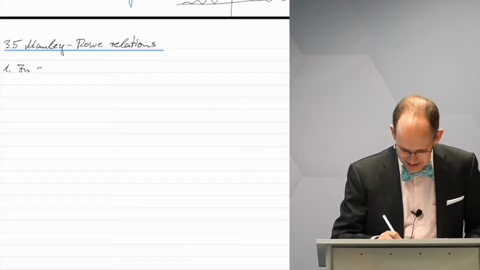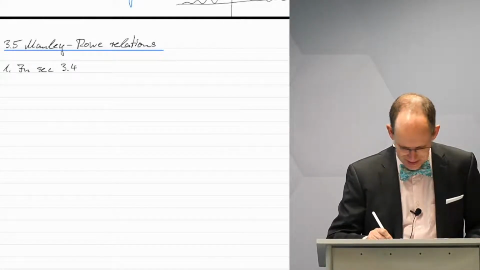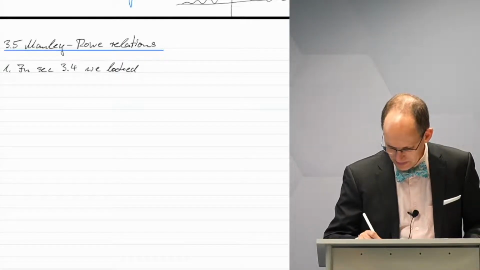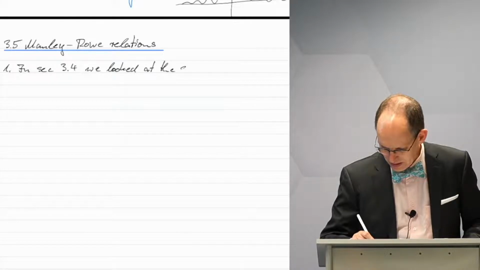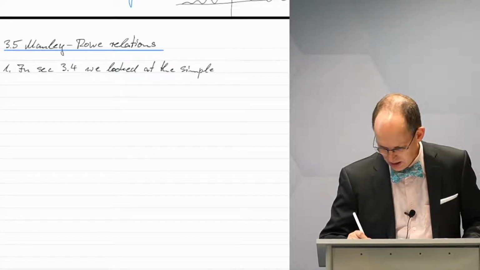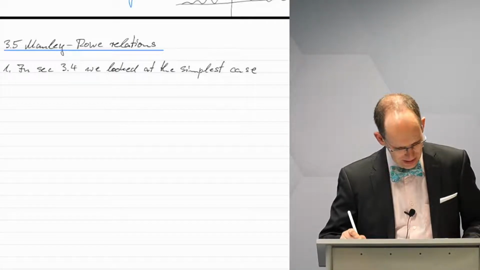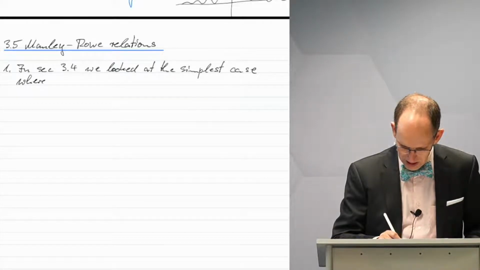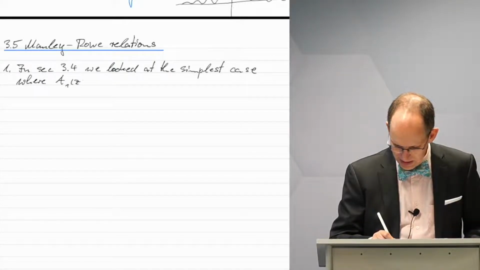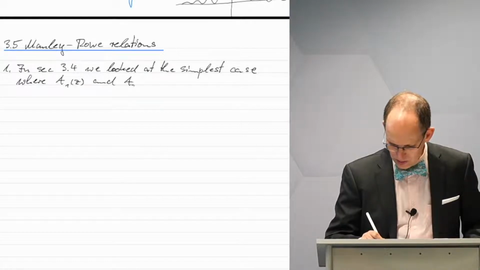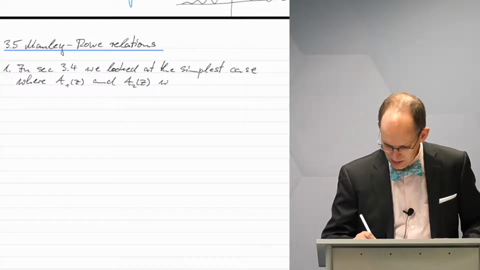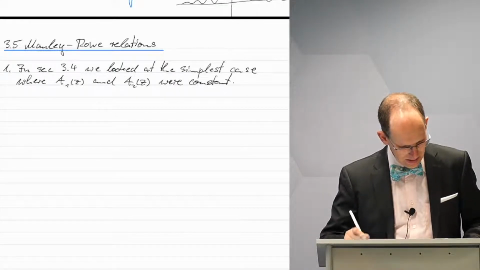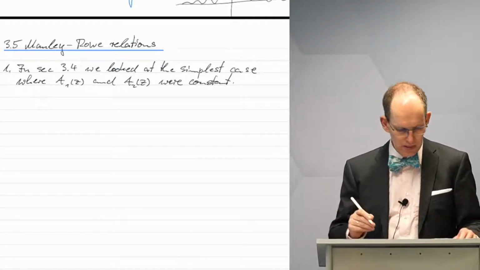So in section 3.4, we looked at the simplest case, where A1 of z and A2 of z were constant. Yeah? To a good approximation at least.